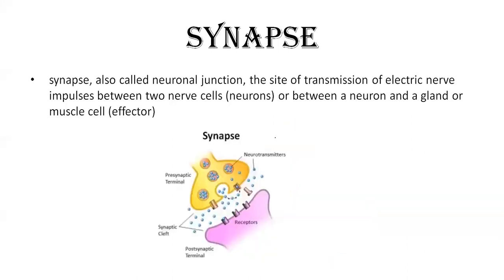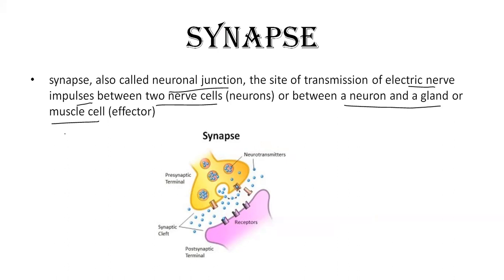Next is the synapse. First, what is a synapse? A synapse is a neuronal junction, a gap, a junction or site of transmission of electrical nerve impulses between two neurons, or between a neuron and a gland, or a neuron and a muscle cell.